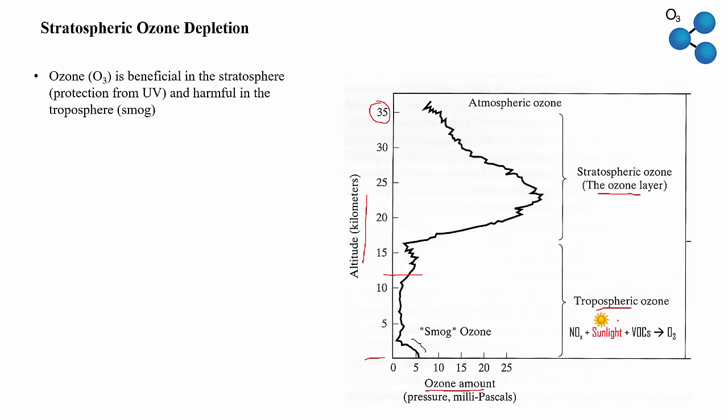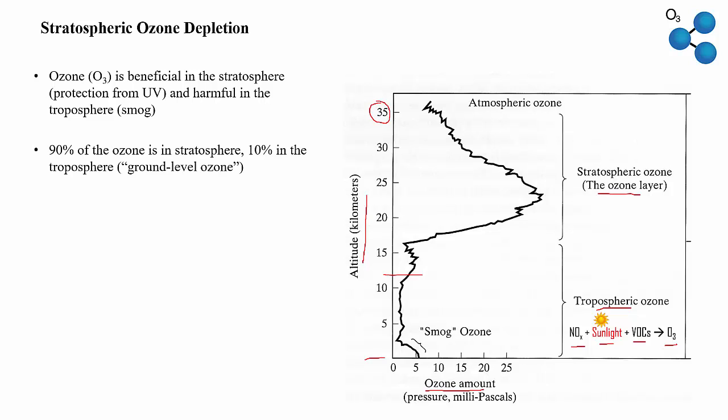In urban areas, nitrogen oxides, NOx, primarily from combustion, plus UV light, so sunlight, plus volatile organic compounds combine to form smog, O3, or ground level ozone. This is a type of photochemical smog.